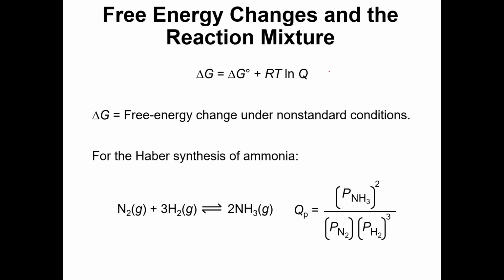If we were writing this in terms of concentrations, we would write Q is equal to NH3 squared over N2 times H2 cubed. We can do the same thing with partial pressures, except that we square the partial pressure of NH3 instead of the concentration, we have the partial pressure of N2 instead of the concentration, and we cube the partial pressure of H2 instead of its concentration. So we just have partial pressures there instead of molarities.